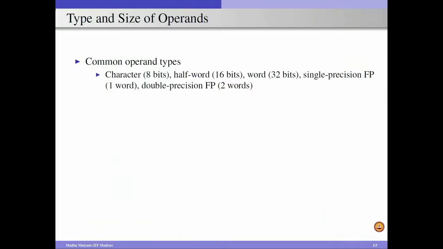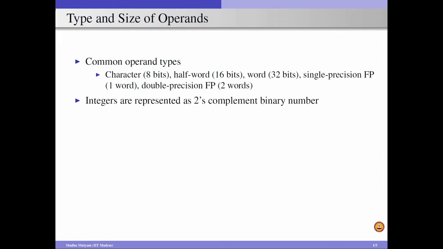So, instruction set supports different types of operands and their sizes also differ depending on the type of operand we consider. The common operand types are character, which takes 8 bits of storage, a half word which is like 2 bytes, a word 4 bytes, a single precision floating point number which takes 1 word, and double precision floating point which takes 2 words.